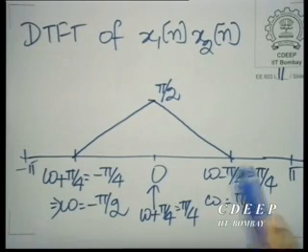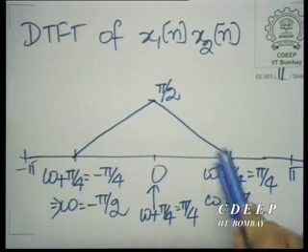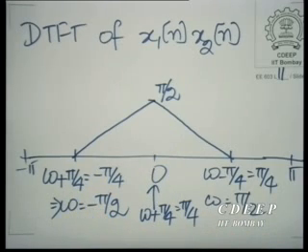Now, this so-called dual result that we have here is very important later when we talk about the effect of windowing on sequences, or when we try to design finite impulse response filters with windows.